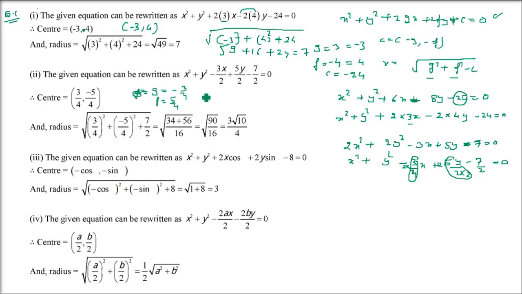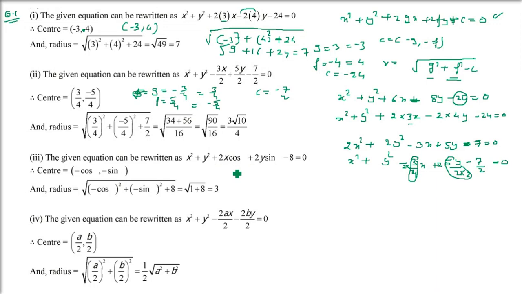But we need minus g and minus f, so the center is 3 by 4 and minus 5 by 4. Now g and f we know, and c is minus 7 by 2, so do the same thing here: g square plus f square minus c, and put the values here.